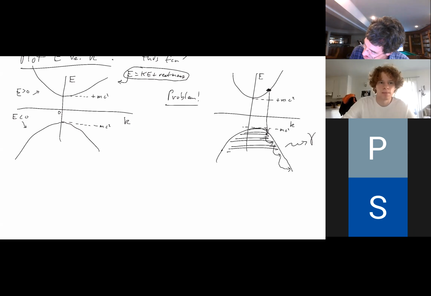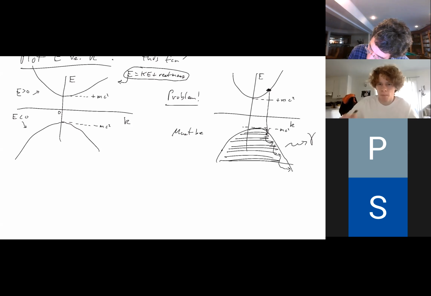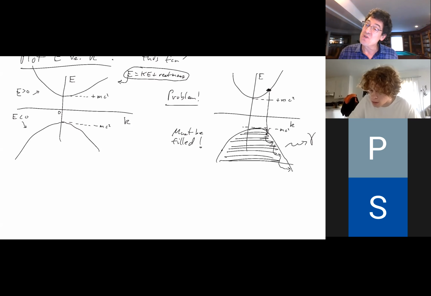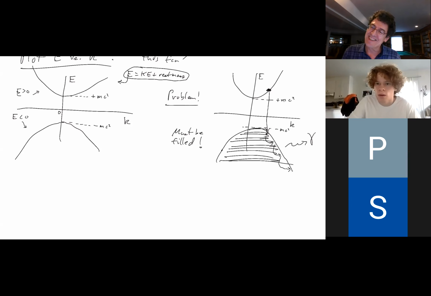He said all these states must be filled. Are those antiparticles, yes or no? Somebody answer the question. No. Correct. They are not. They are negative energy particles. They are not antiparticles.